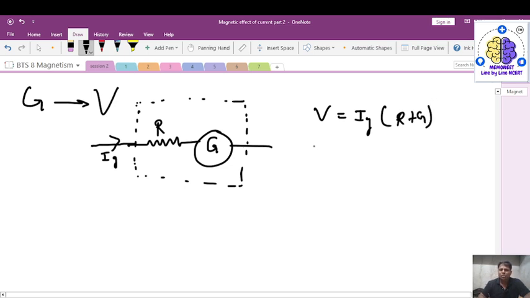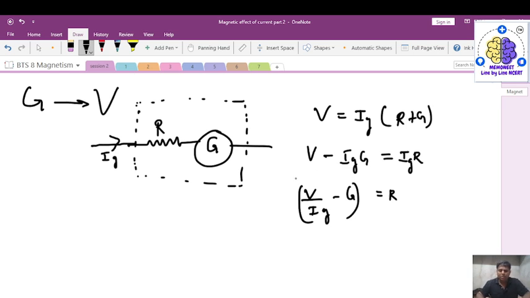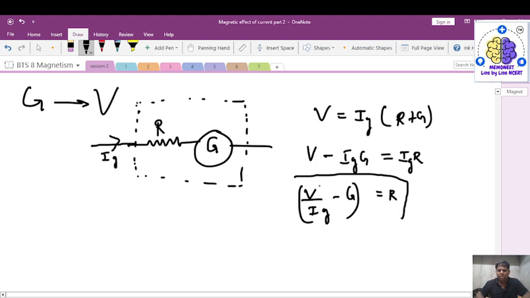So we can say that V minus Ig into G is equal to Ig into R. From here we can say that V upon Ig minus G is equal to R. So this formula will give you the value of resistance which should be connected to the galvanometer in series to convert that galvanometer into a voltmeter.